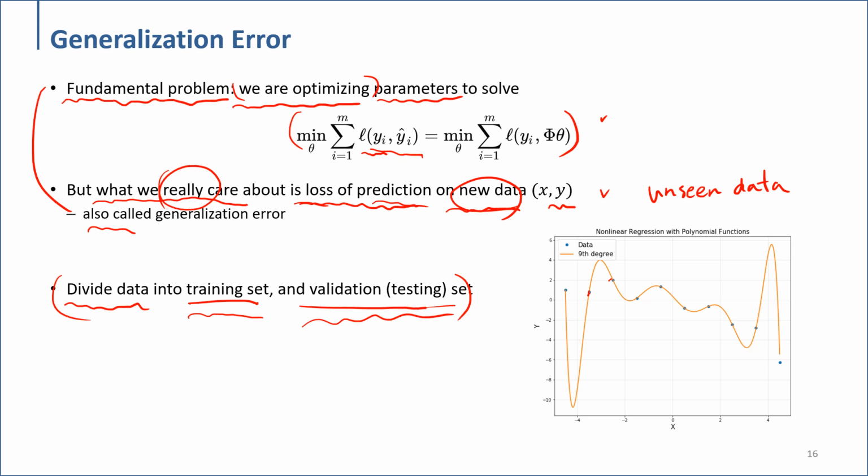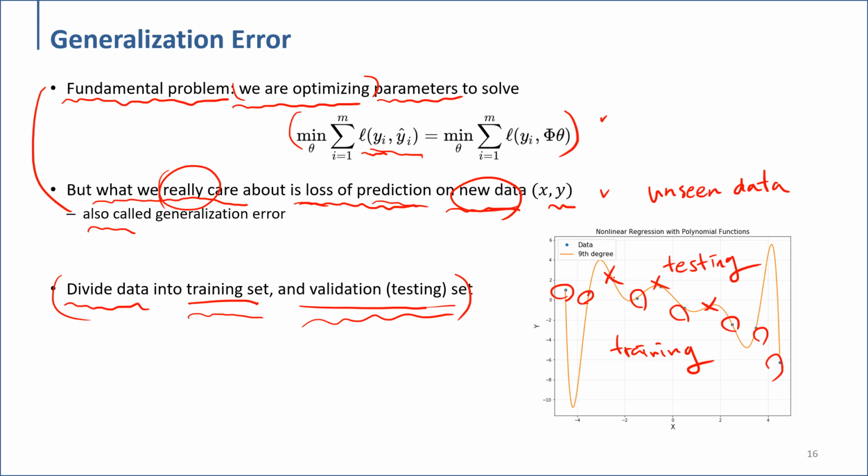So let's say for these 10 points of data that we have, let's first divide some part. For this part, let's use it for training. And for these points, let's use them for testing.